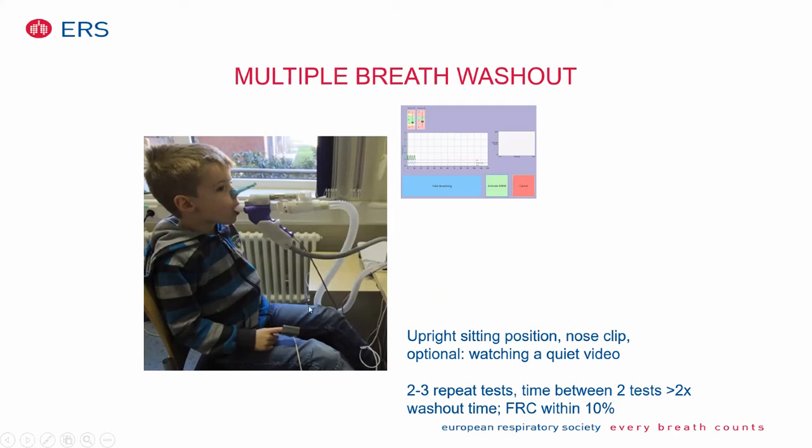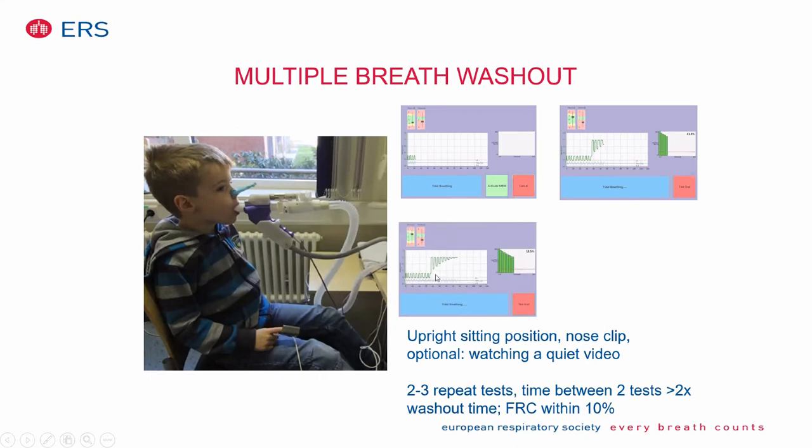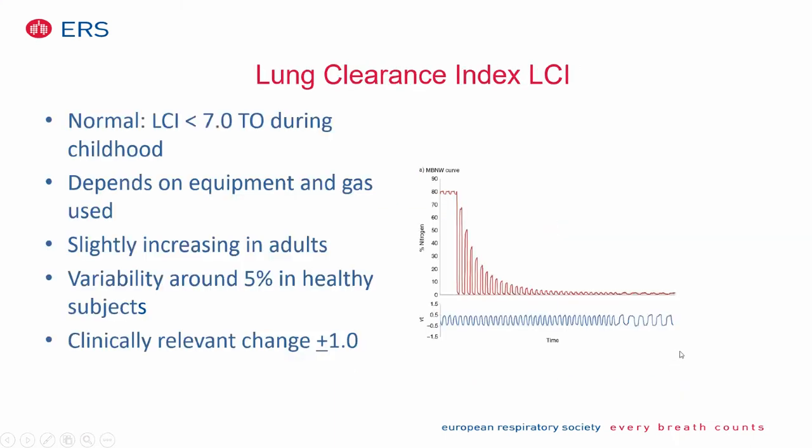And when you have established quiet tidal breathing, then the switch into oxygen or into the inert gas is done, and then you start the washout until an equilibrium is reached and the concentration is below 2%. Then you can stop and the calculation is performed.